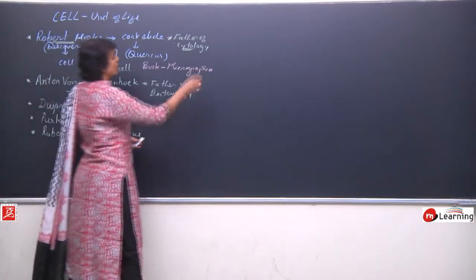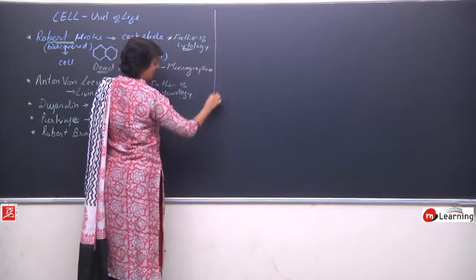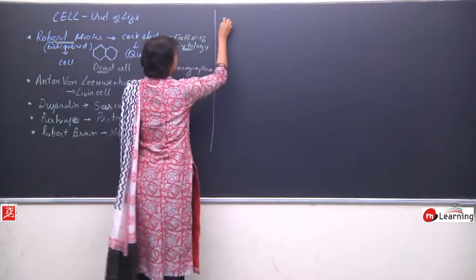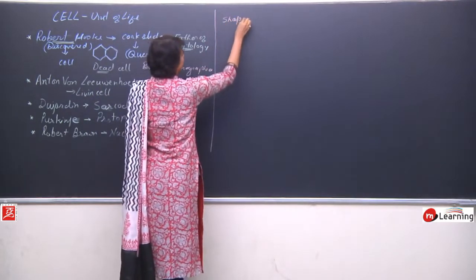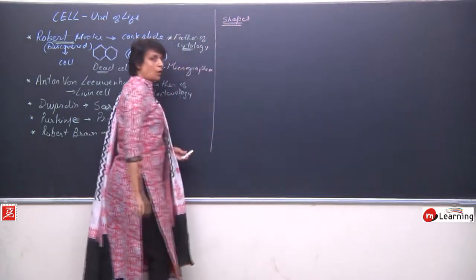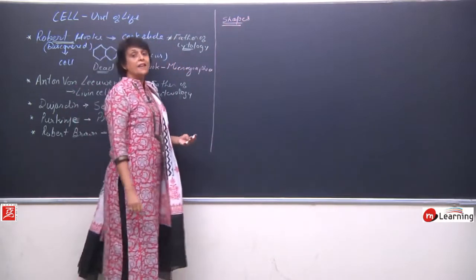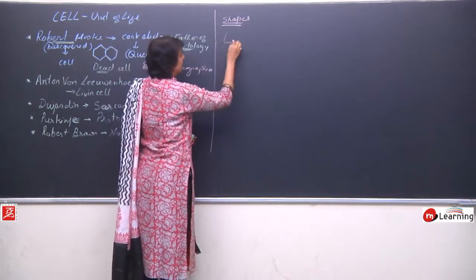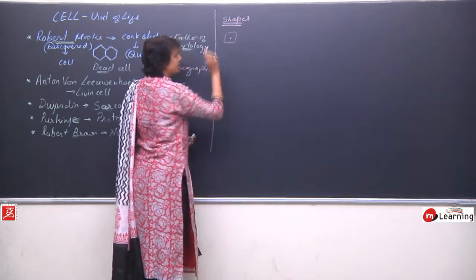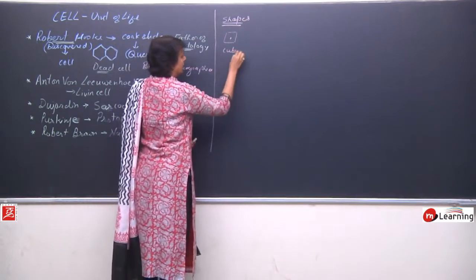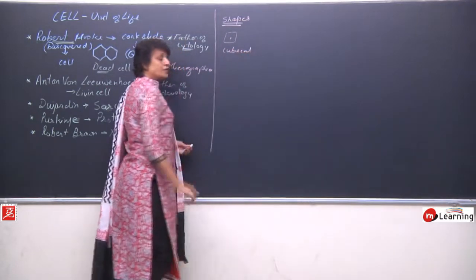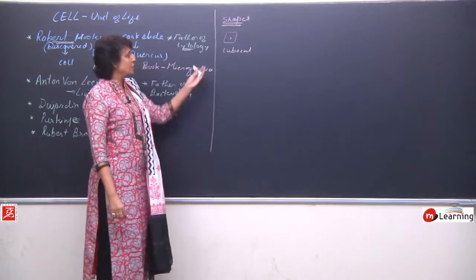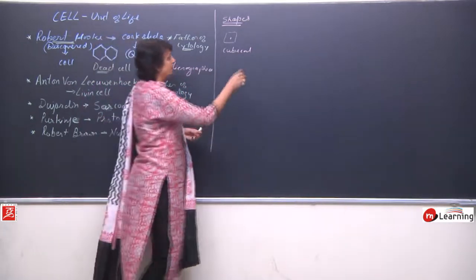Now as we are talking of cells, let us talk about the shapes. What is the shape of a cell? There are various shapes which we have observed so far. It can be a cube-like cell, cubical cell, which is seen in germinal epithelium, which we also call cuboidal epithelium.